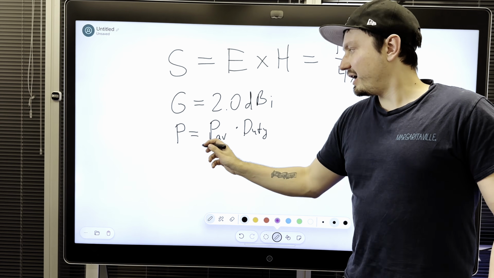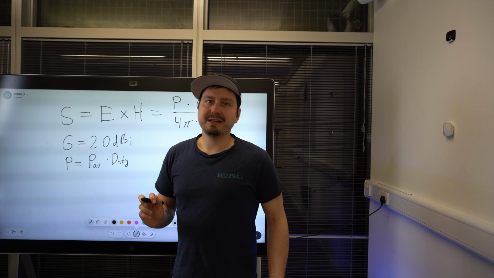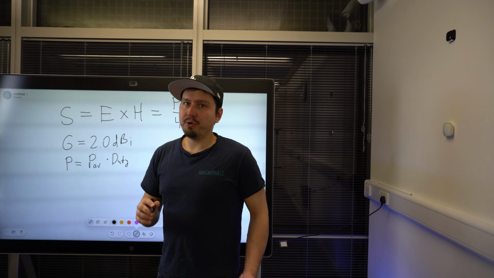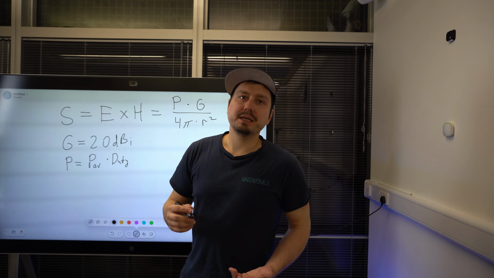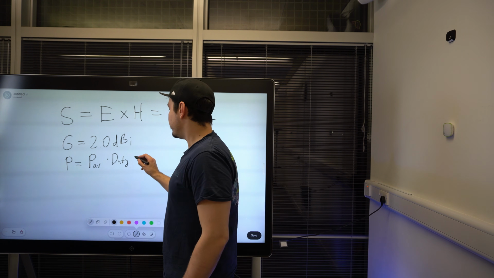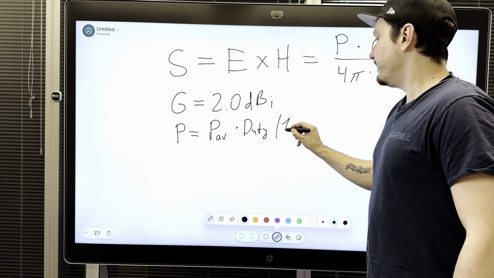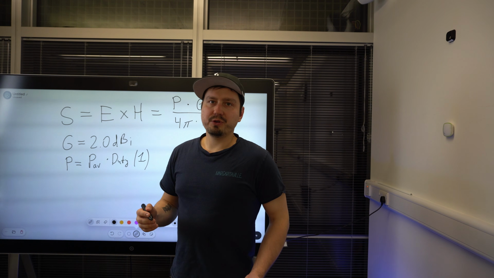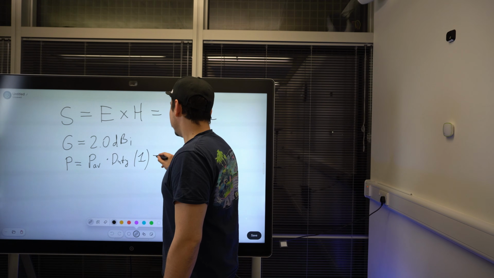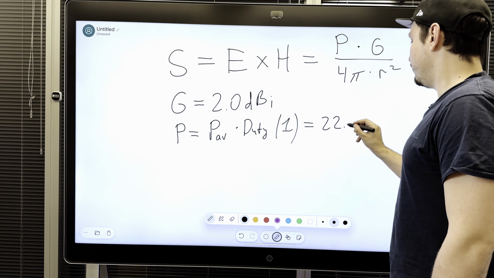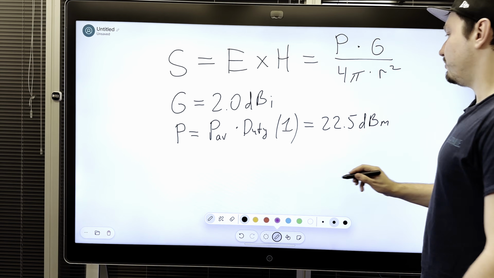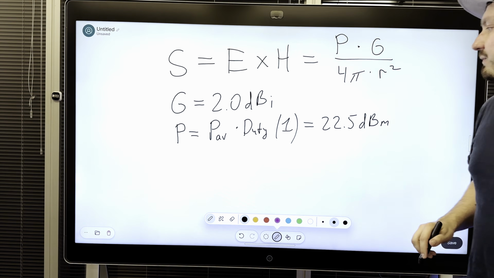Now, if we look at the datasheet of the Telit modem, we will see that the duty cycle for LTE band 1 is 100%, so that just means 1, and the average power is 22.5 dBm. So 22.5 dBm is the actual P that we're going to use in this formula.